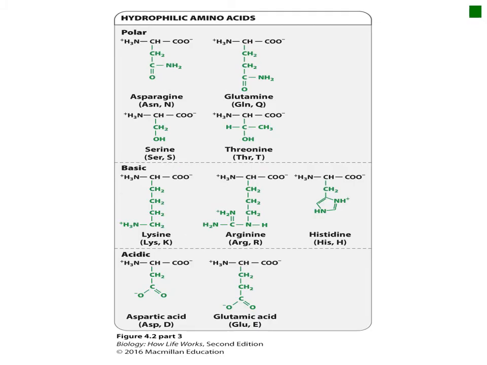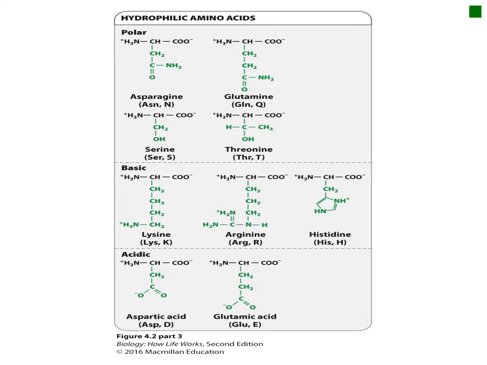Hydrophilic amino acids are composed of amino acids with R groups that have either a partial charge due to the presence of polar covalent bonds with highly electronegative elements nitrogen or oxygen, or that have a full charge due to the acidic or basic nature of the group. The presence of charges allows the R group to interact with water molecules.